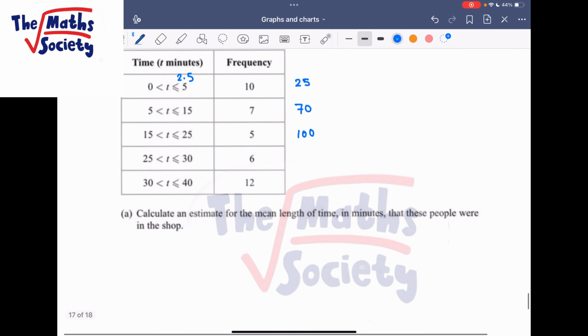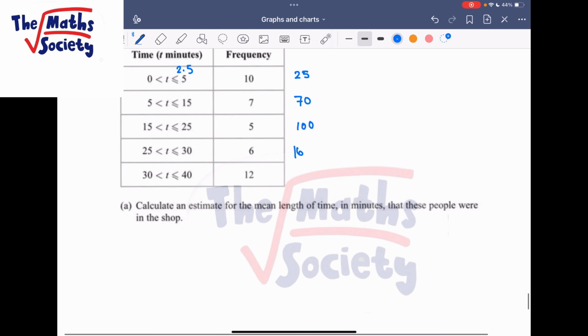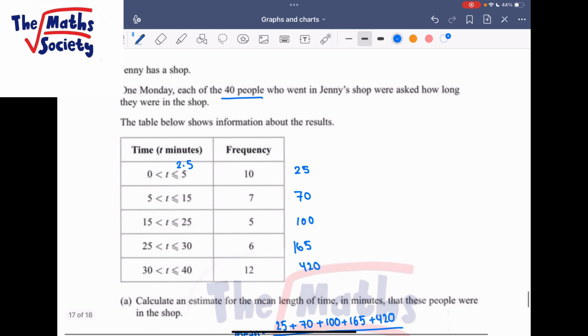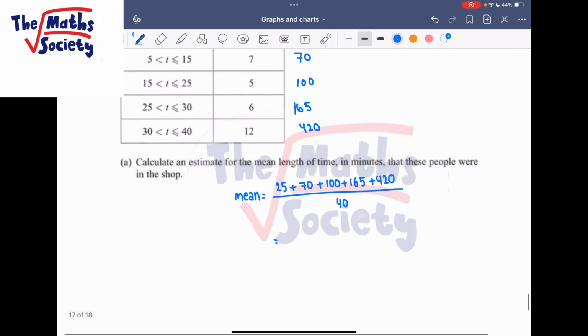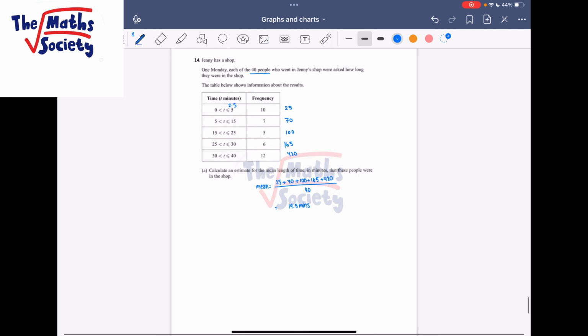And you have 27.5 multiply 6, you have 165. And you have 35 multiply 12, that ends up being 420. So if you just want the mean, it's going to be 25 plus 70 plus 100 plus 165 plus 420 divided by 40 people. That's the total frequency. So that's going to end up at 19.5 minutes, which was the estimated time that they were in the shop.